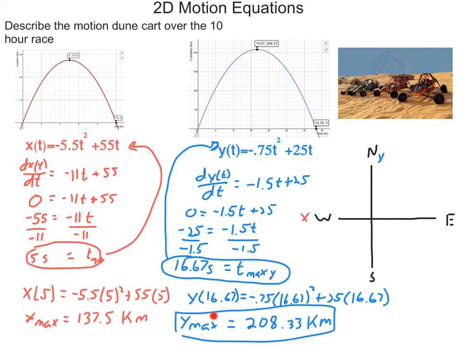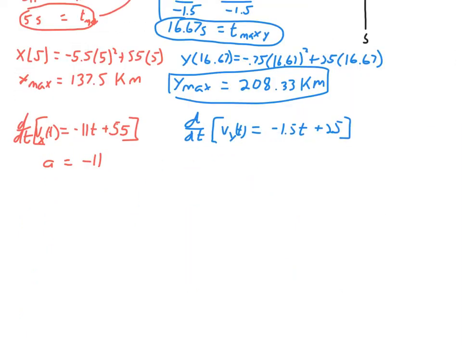And we come out with our y maximum, which of course lines up with this maximum point, as if this graph wasn't here and we were sketching it out. So I'd put a point at 16.67 seconds, time in the x-axis, and then 208.33 for the y position on the y-axis. Take the second derivative to look for inflection points.